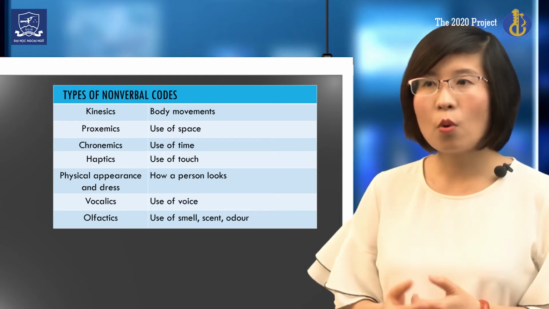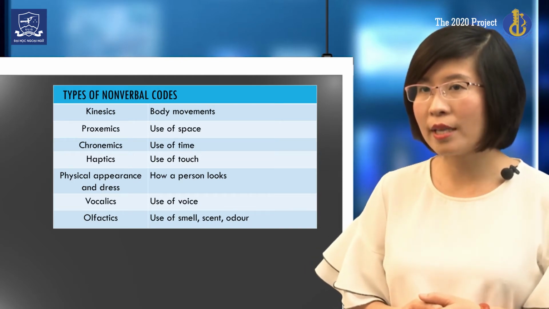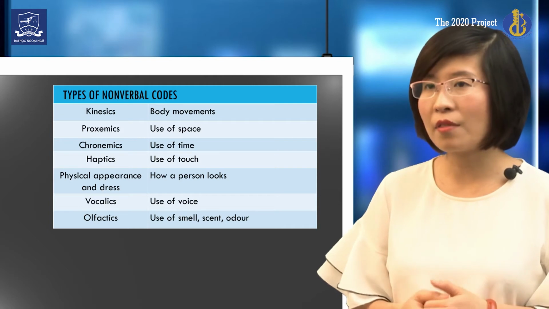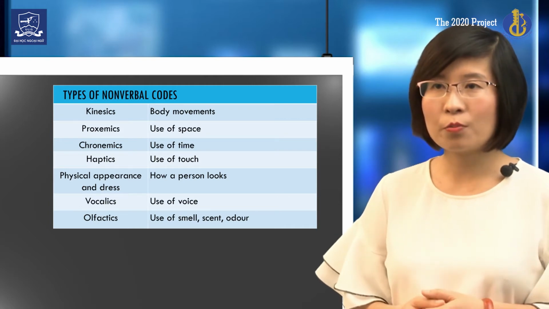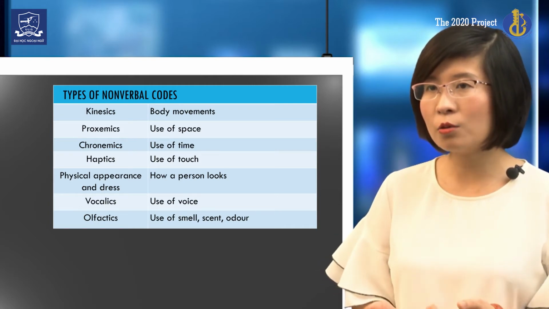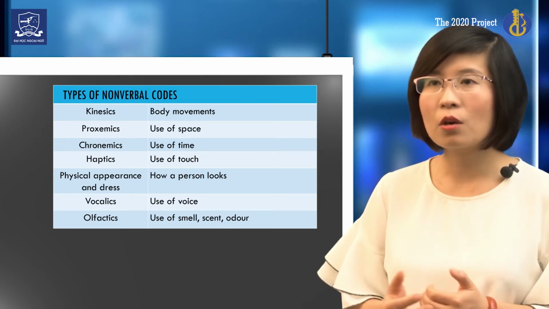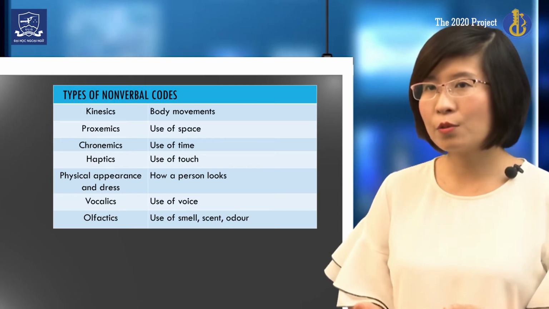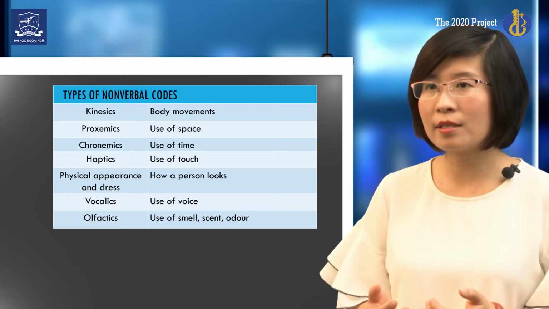Also remember that all of these codes are really symbols that stand for something else. How we interpret or misinterpret these codes is based on context, culture, knowledge, experience, and perception of the message receiver.